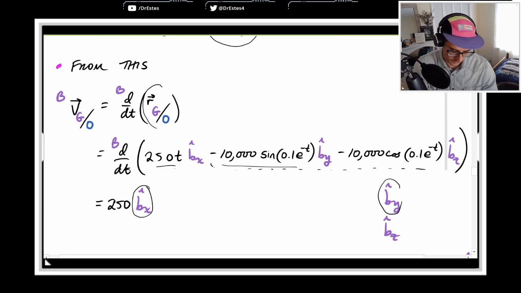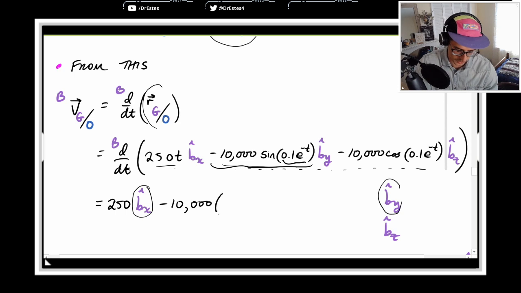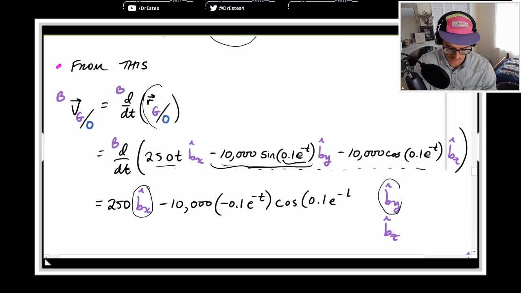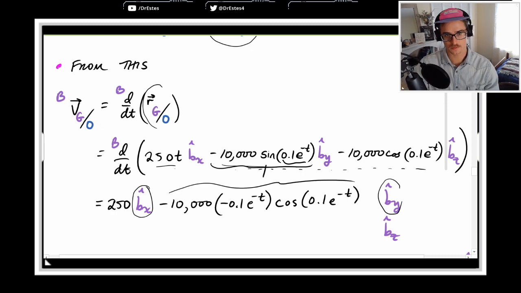The derivative of this term takes a little more work because we've got to do this product rule. So I take minus 10,000, and then I take the derivative of the inside of this sine function, which is going to be minus 0.1 e to the minus t. And then I have to take the derivative of this sine function itself, cosine 0.1 e to the minus t. So that's the time derivative of that portion.